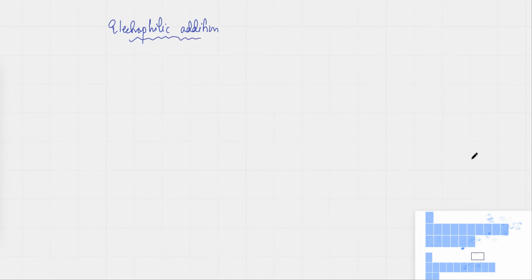It only happens with unsaturated compounds, or alkenes where you have a double bond. It reacts with these things: Br2, water (hydration), and HBr or HCl as well, the hydrogen halides, which I'm just going to write as HX.